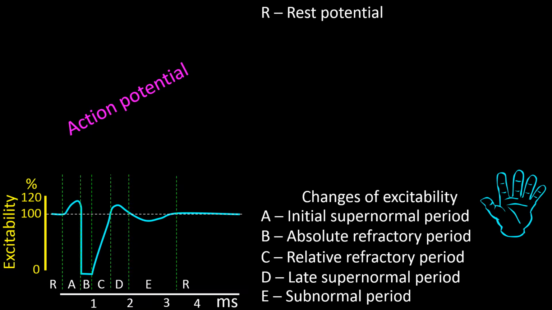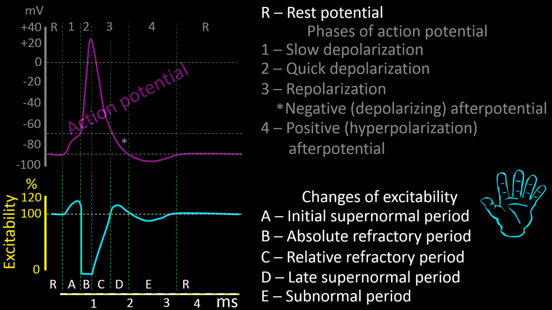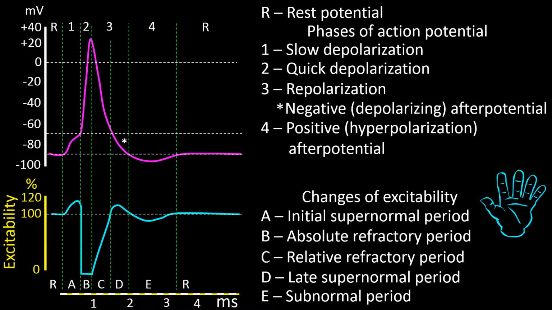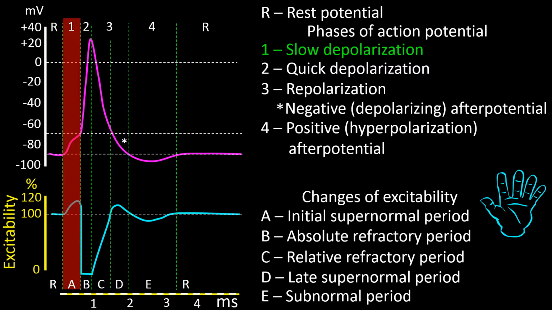I will now bring back the action potential figure to correlate it with the excitability chart. You can see them together in this frame. As you can see, highlighted by red color, the slow depolarization phase of the action potential occurring in the membrane patch undergoing local excitation corresponds to the initial supernormal period of excitability.